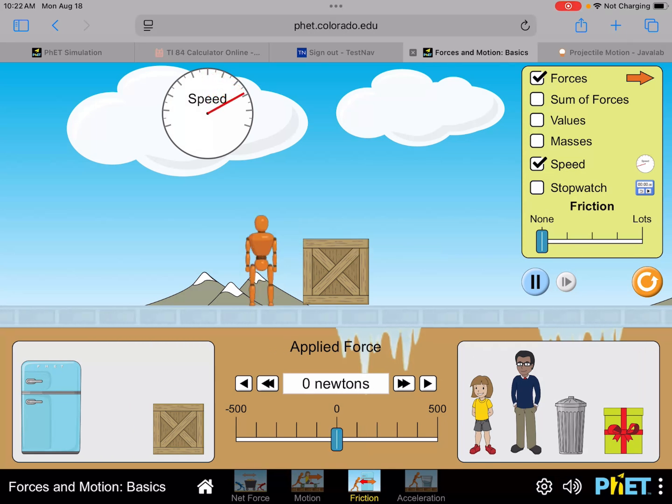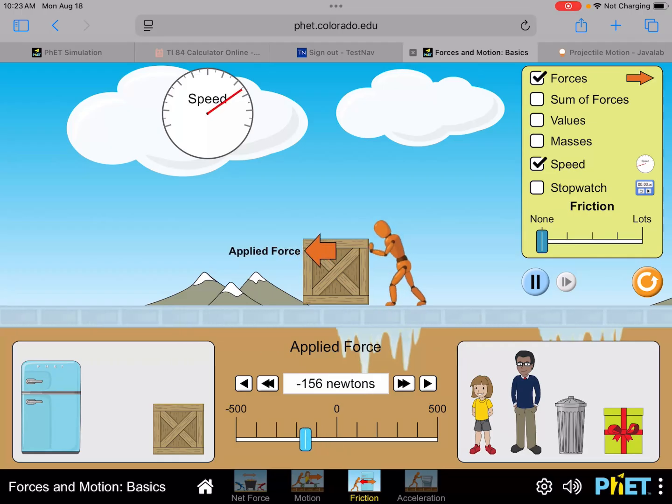Now, if I stop pushing it and just let it glide, notice it continues to move how it was before, right? There's no force on it now, and so there's no change in its motion. It's still moving, but it's not getting faster, slowing down, or changing direction, okay? If I want to cause a change in its motion, I could apply another force, right?